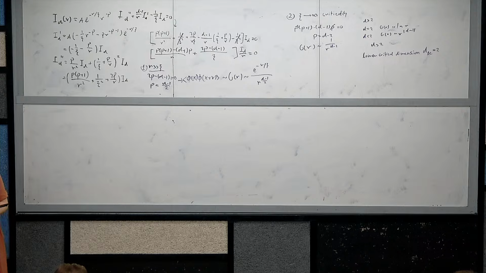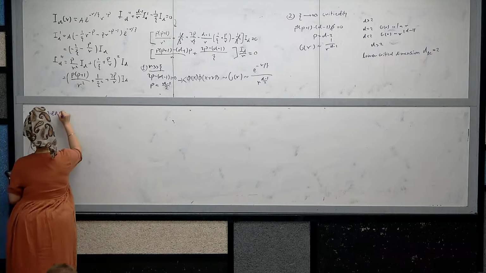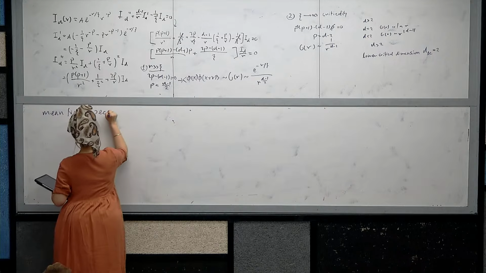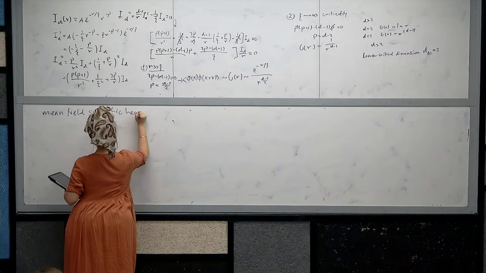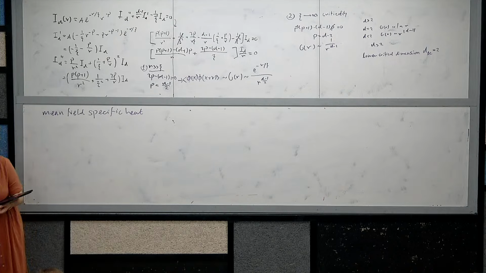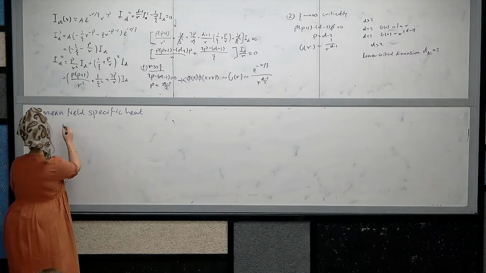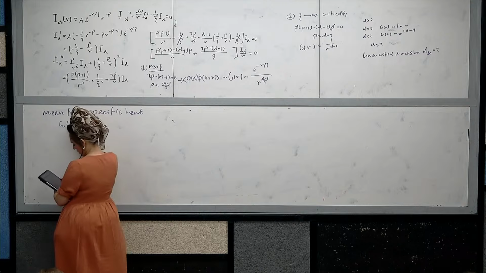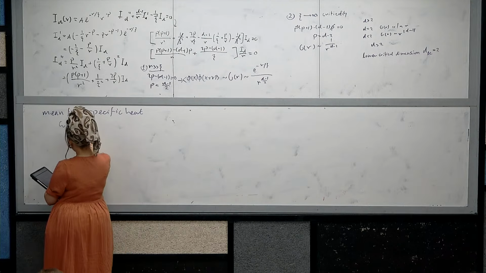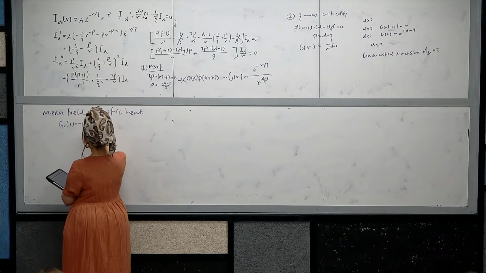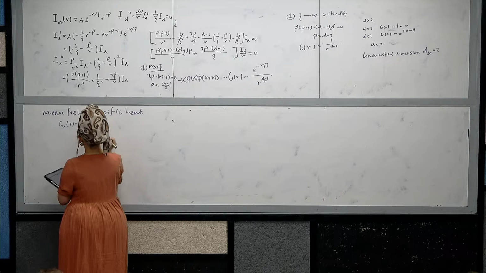Okay. So we will start with the mean field specific heat. The specific heat, if you can't remember your thermodynamics course, is minus T times the second derivative of the free energy.